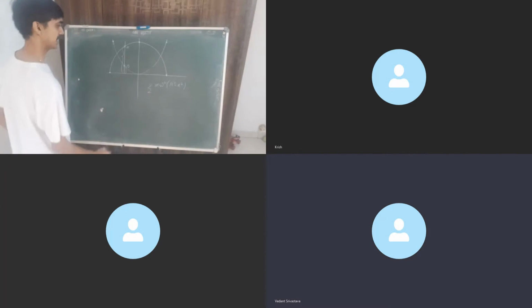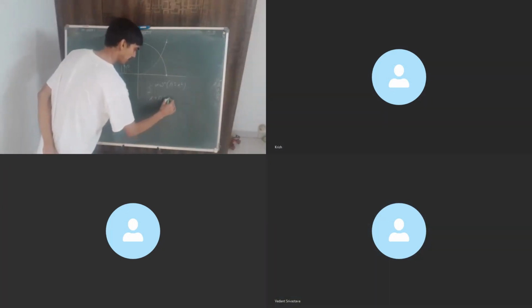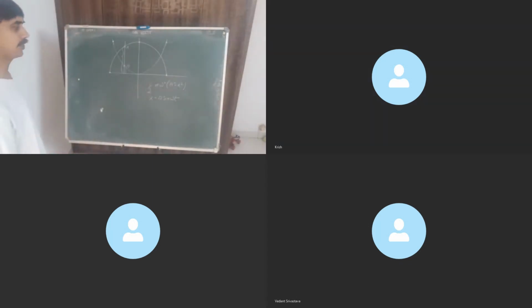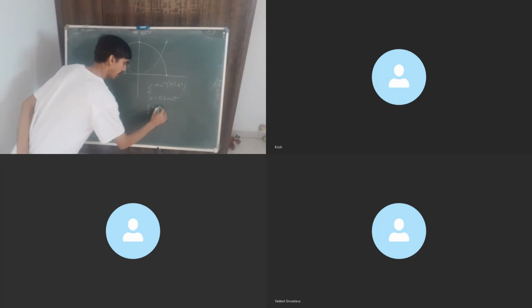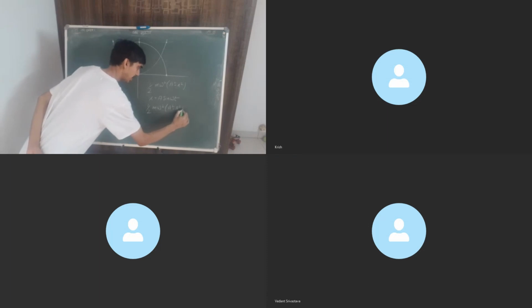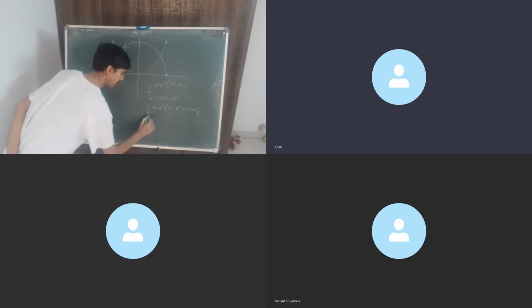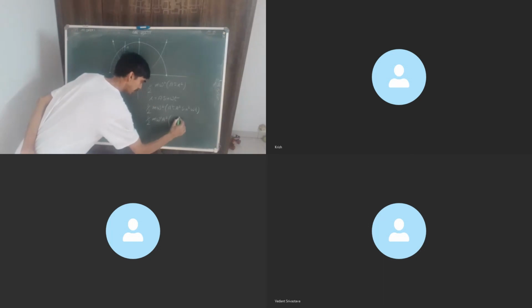Now, if x is given as a sine of the angle omega t, then kinetic energy will be half m omega square a square minus a square sine square omega t, which is half m omega square a square outside, 1 minus sine square omega t, cos square omega t, right?